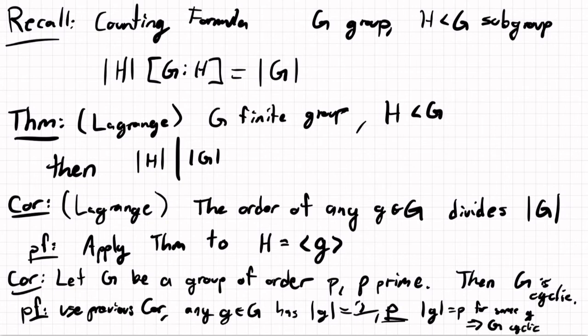So the point is that this counting formula and Lagrange's theorem, or this other version of Lagrange's theorem, tell me some very strong things about what the elements in my group can be doing. If, for example, the order of my group is prime, there's nothing else they can be doing other than having prime order, because the order of an element divides the order of the group.